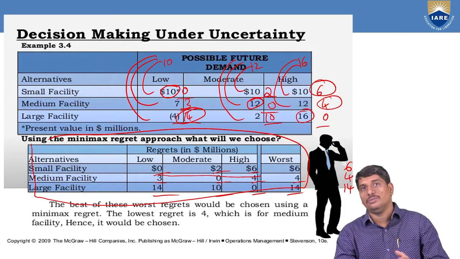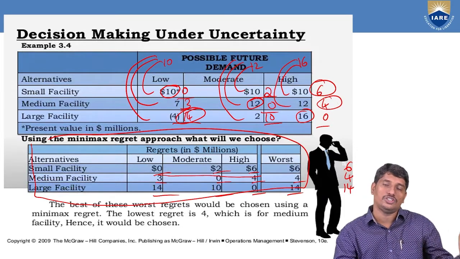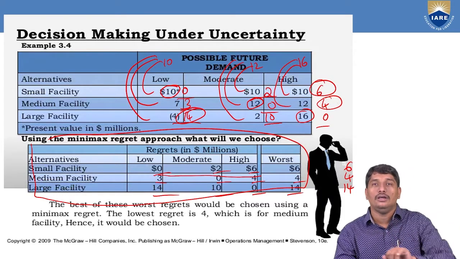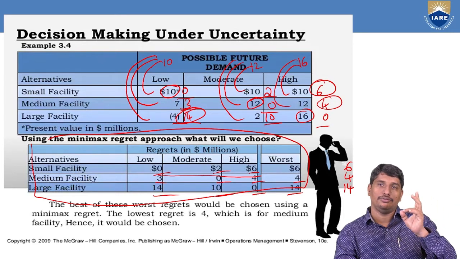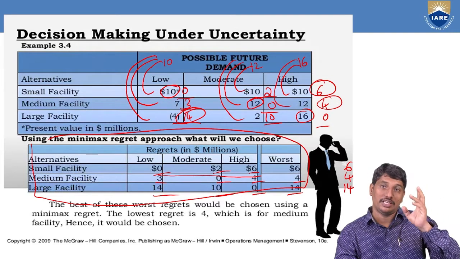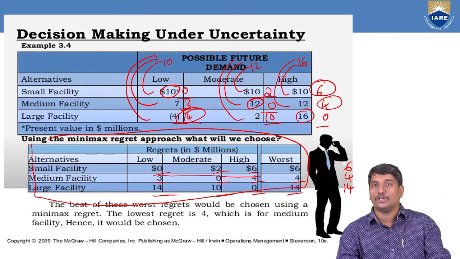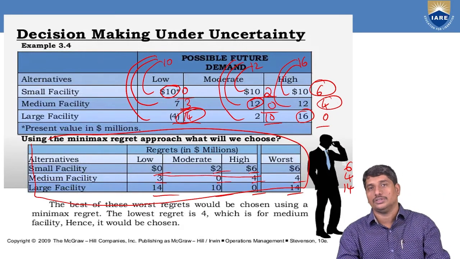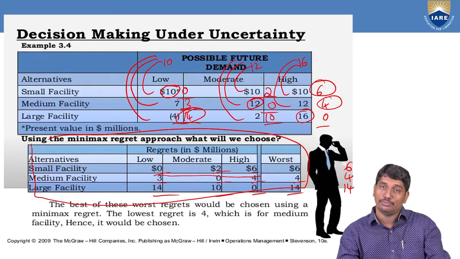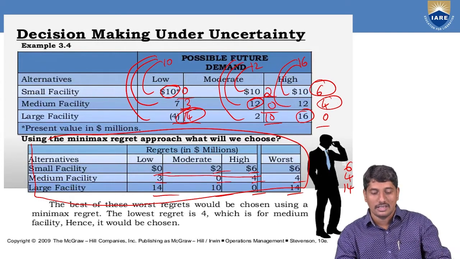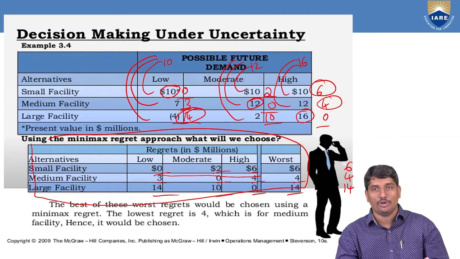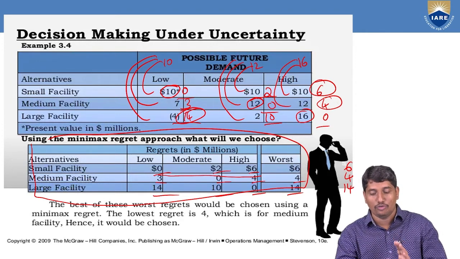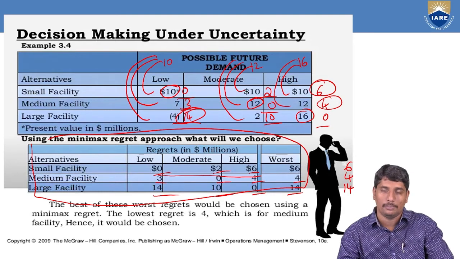So when we want to minimize the loss or minimize the cost or minimize the time, then we apply this Minimax Regret criteria. Maximax and Maximin we apply for maximization purpose, and Laplace criteria is also meant for maximization purpose, but Minimax Regret criteria is perfect for minimizing the loss or minimizing the time or minimizing the cost. So whenever you want to minimize things, you will apply this approach.